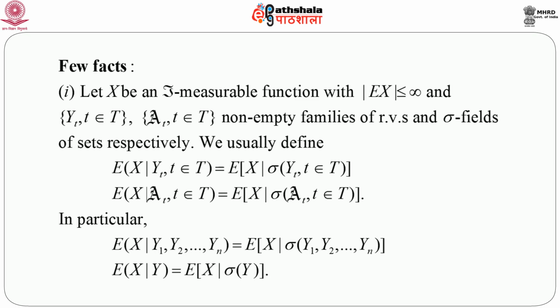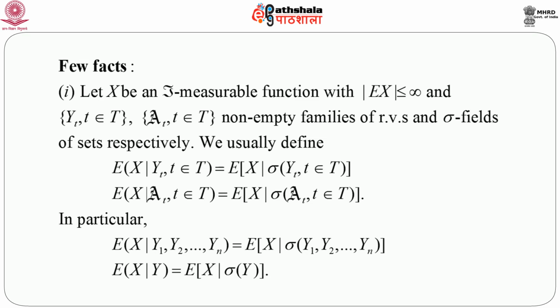Similarly, we can define the expectation of X given script A t, where t belongs to capital T, equals the expectation of X given the sigma field generated by these sigma fields, that is script A t, where t belongs to capital T. That means whenever we say the expectation of a random variable given another random variable, we usually mean the sigma field generated by that random variable.